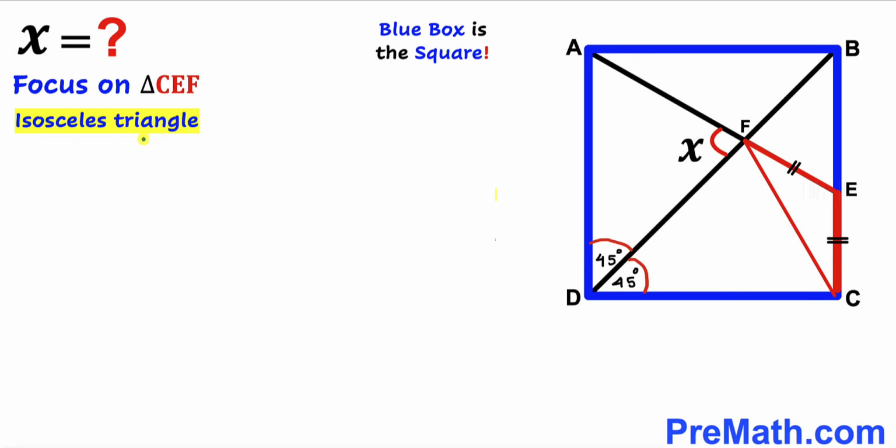This is an isosceles triangle, since side length EF equals side length CE. So we conclude that this angle has got to be congruent to this angle. If I label this angle as alpha, then this angle has got to be alpha as well.